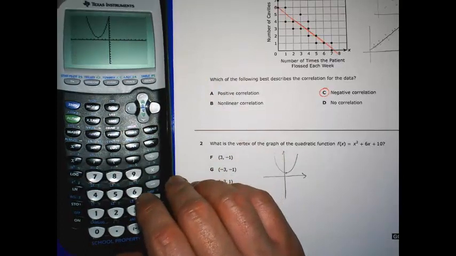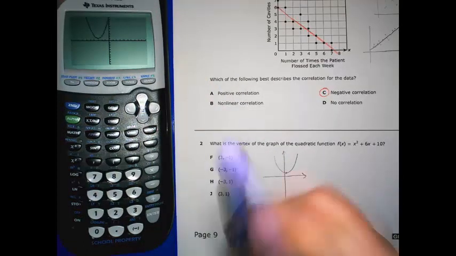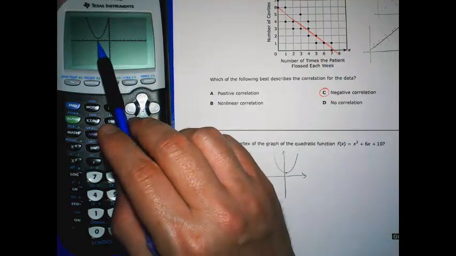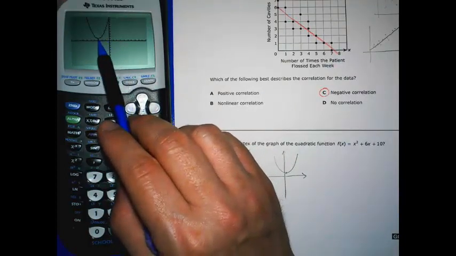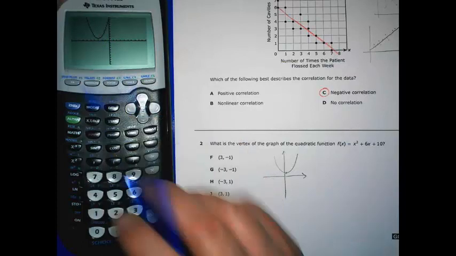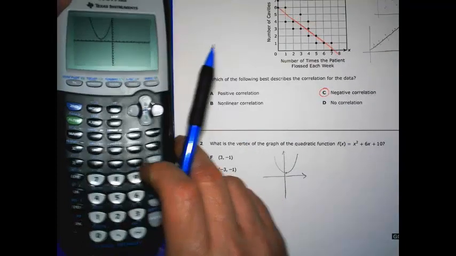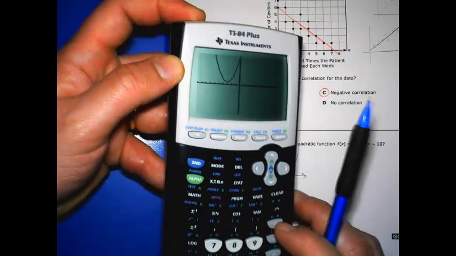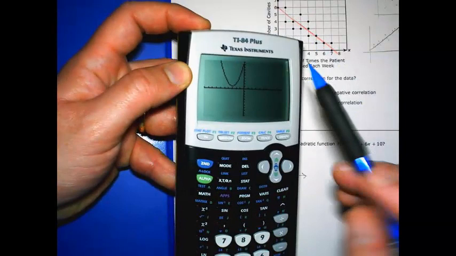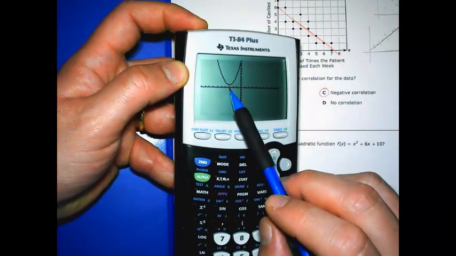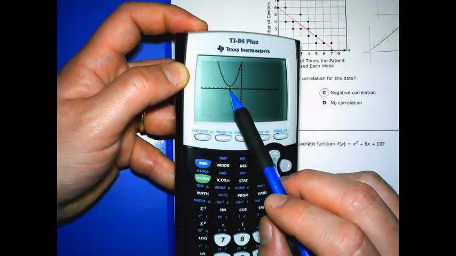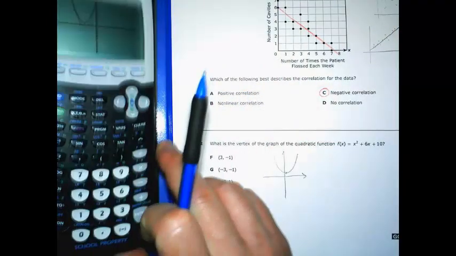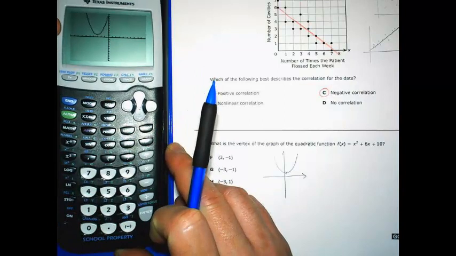As you can see on the graph, you have the coordinate negative 3, and which looks apparently 1. If I bring this to closer view, you can see that this would be the coordinate negative 3, comma 1. So the calculator here helps us find out what the vertex is going to be.